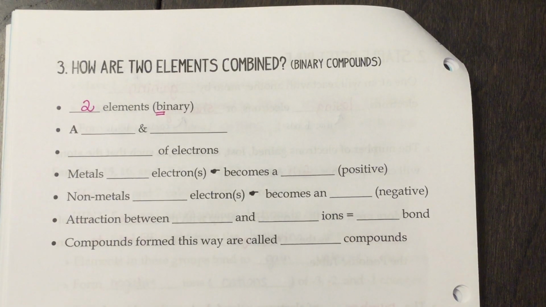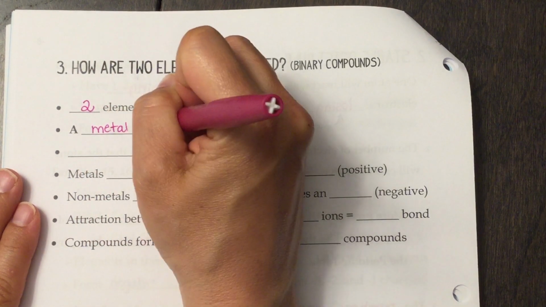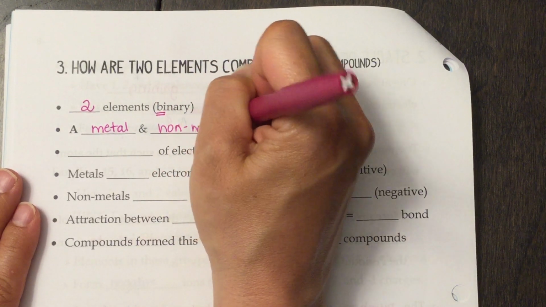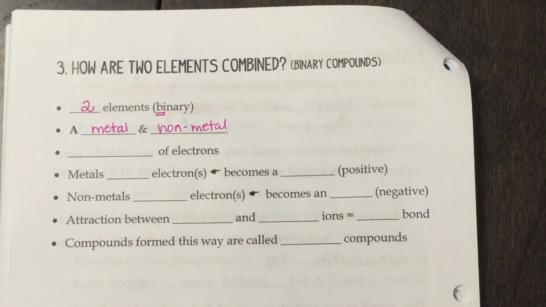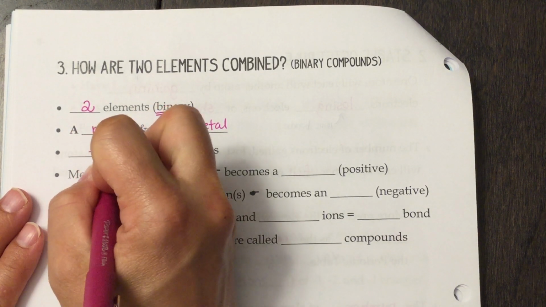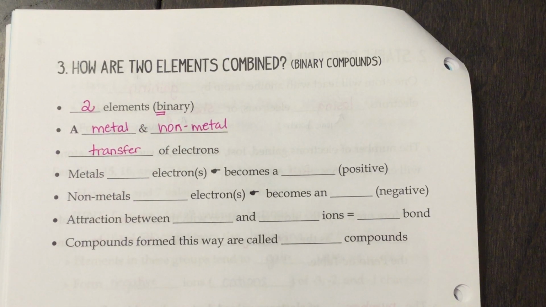For ionic bonds, we always need to have a metal and a non-metal. If we had 2 nonmetals, it would be a covalent bond. If we have a metal and a nonmetal, it's ionic. It is a transfer of electrons, either giving and taking, not sharing.